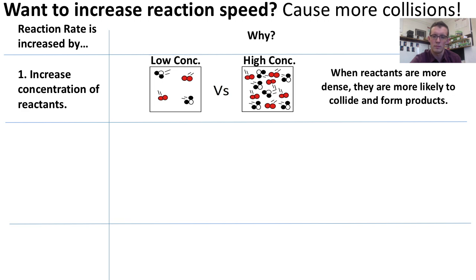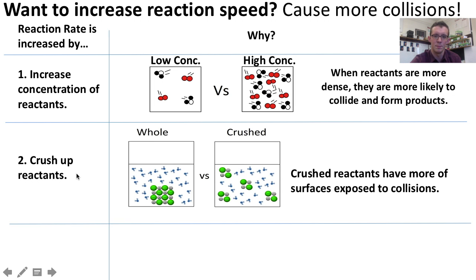Another way to increase the speed of reaction collisions is to crush up the reactants, because when reactants are crushed, there's more surfaces that are exposed to collisions. And so we'll look at an example of that here.